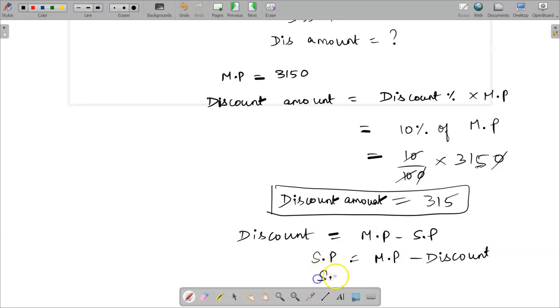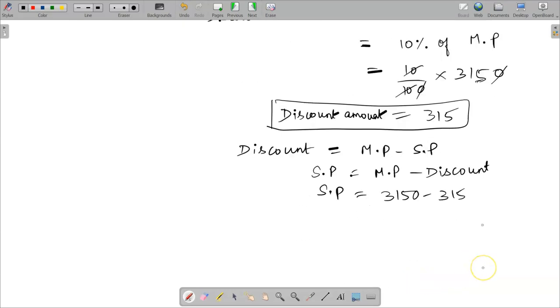So sale price is given by marked price, which is 3150. Discount price is 315. So just subtract both the values. So 3150 minus 315. So 10 minus 5 it is 5. 4 minus 1 it is 3. Okay, so 11 minus 3 it is 8. So here it is 2.